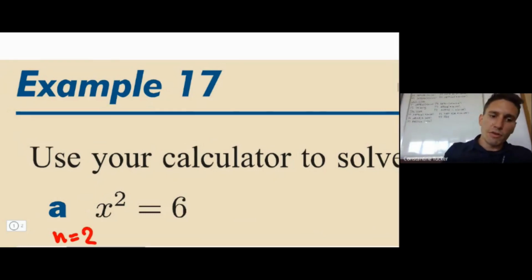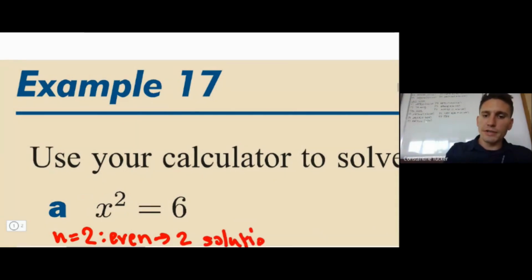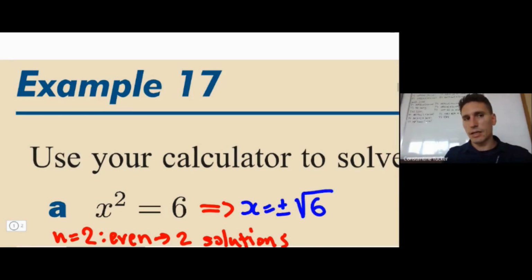When we have an even power, we have two solutions, and those two solutions will be plus or minus in these power equations that we've got here. So what is that going to be equal to? Well, x is going to be equal to plus or minus the square root of 6. And that is pretty much the answer here.